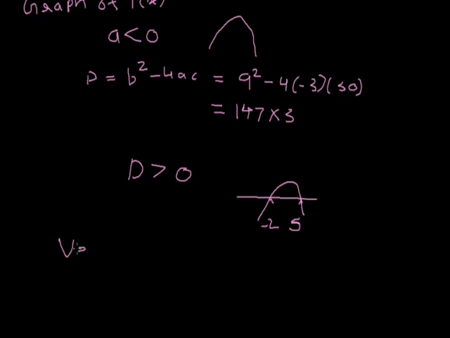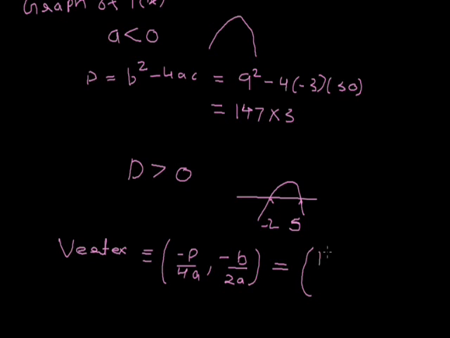Now we find the vertex, which is (minus b upon 2a, minus D by 4a). What is D?